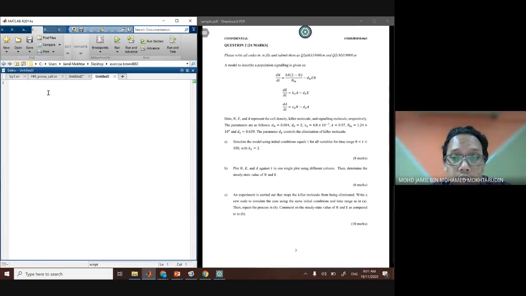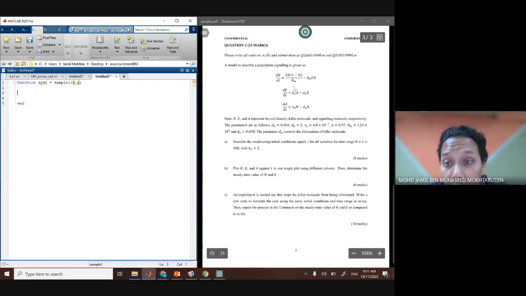Okay, so firstly, sebelum kita solve this equation problem, simulate the model, you need to write the function ODE first, okay? Tulis yang function dy dt dulu. And then from there, determine how many ODE that you have.